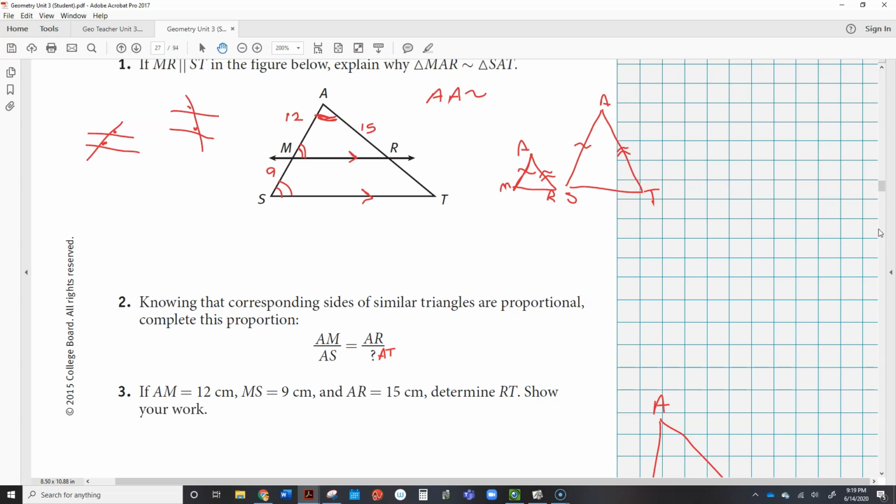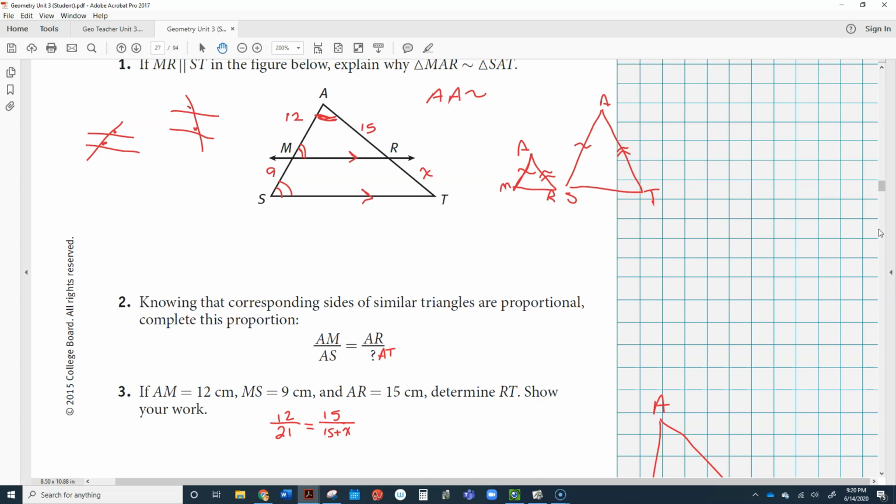Well, using the proportion that we learned a while ago, we would have AM, which is 12, over AS, which is 12 plus 9, which is 21. That's equal to AR, which is 15, over AT, which is 15 plus X. You could say RT if you want to, but I like to use X.